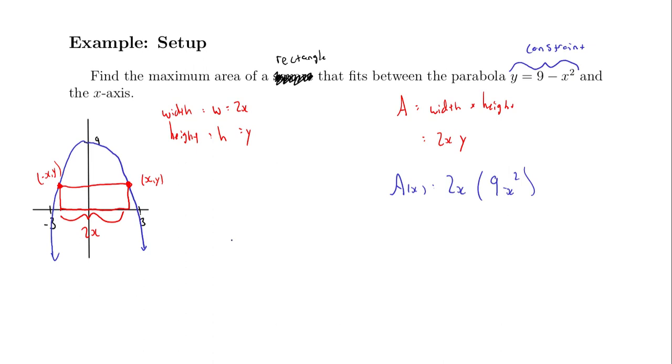Now, we still need some kind of bounds on these things. So we have to think, what are the boundaries of our x values? Notice I don't really care about the boundaries of the y values. I can think about those, but since my function is written in terms of x, it doesn't really matter. We could solve this for x in terms of y, plug that in, and have an area function of y, and then we'd care about the boundaries on y.